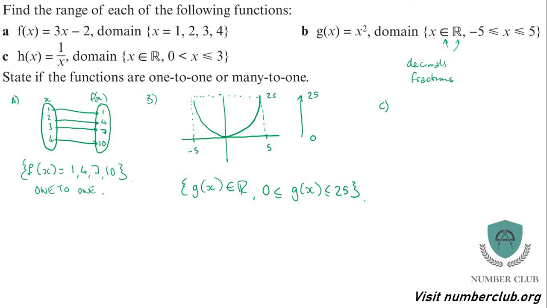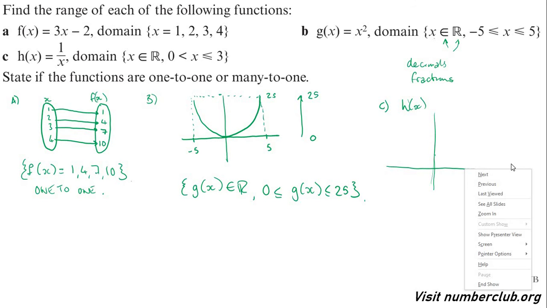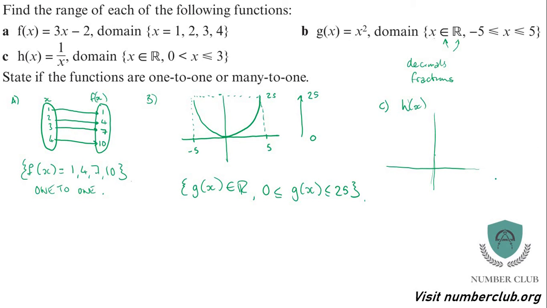Now, that restriction on the domain is absolutely key, because if we sketch h of x where x is between 0 and 3, then we don't actually include that asymptote.